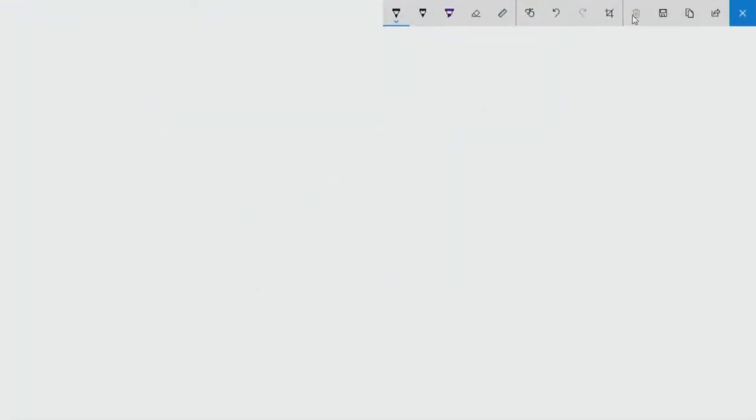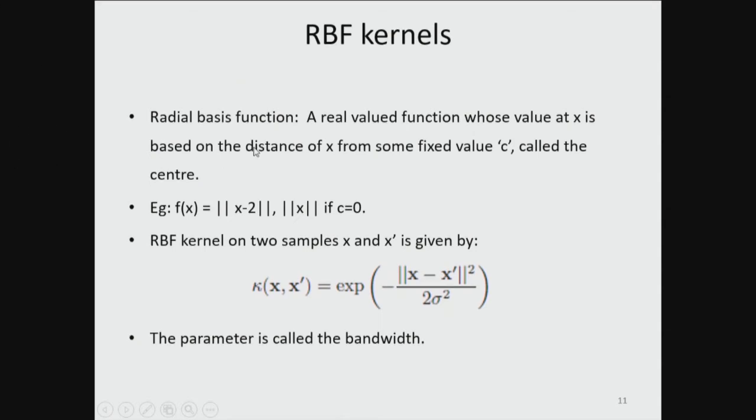Okay, any doubt on what the radial basis function is? Therefore, as we have considered here, we have a radial basis function. It is a real valued function whose value at x is based on the distance of x from some fixed value c, and c is said to be the center.